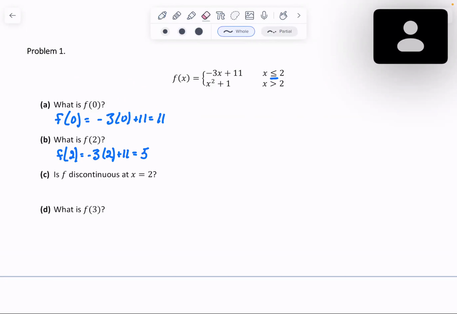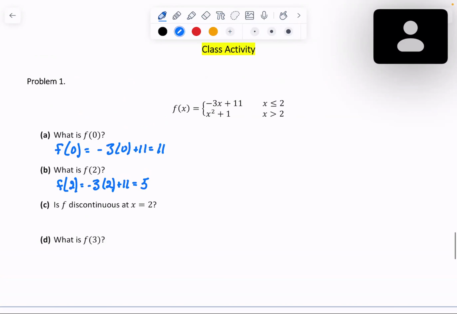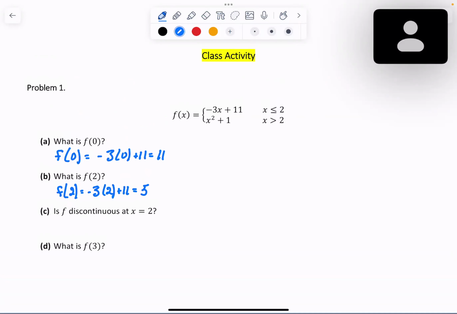So those two parts are pretty simple. Now it says, is f discontinuous at x is 2? Here, we already know what y is when we plug in x is 2 to this piece: we get 5. What do I get when I plug in x is 2 to the bottom piece? 5 again, right?